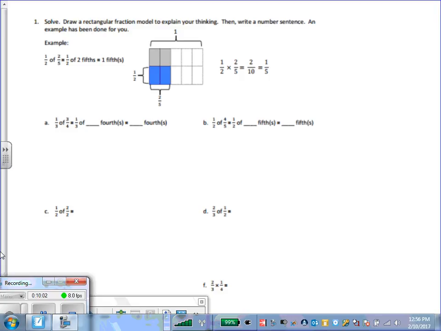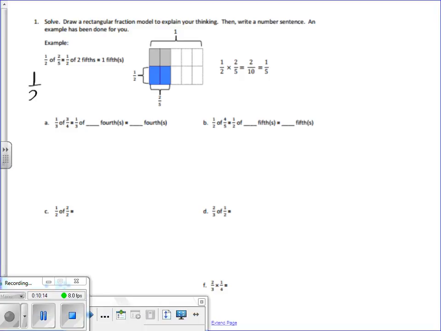So what I'm going to do is show you how they did it. All I'm doing is the sample again. So what they've got is 1/2 of 2/5. This is what's already been done. I'm just doing it again. So it's 1/2 of 2/5 with the words.